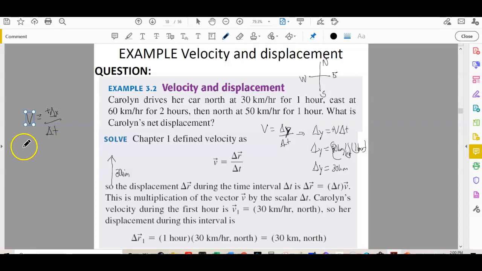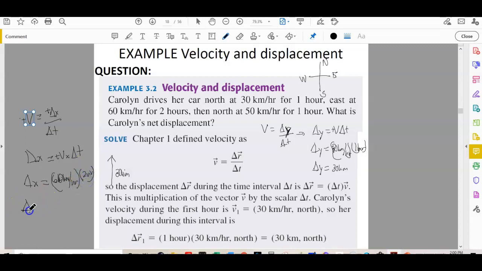So her delta x is going to be positive vx delta t. So her displacement in the x direction is going to be to the right, 60 kilometers per hour for 2 hours.